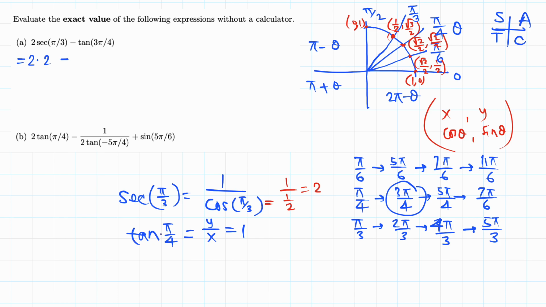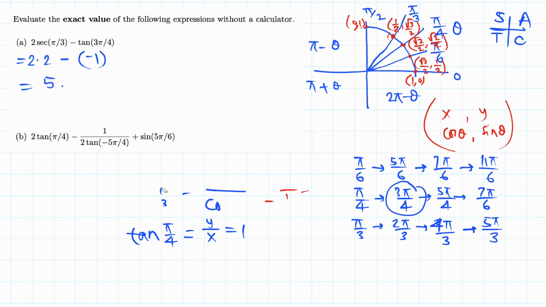We know that tangent pi over 4 is 1, but that's in the first quadrant. 3 pi over 4 is in the second quadrant, and in the second quadrant, only sine is positive, tangent is negative. So it's 1, but in the second quadrant, negative 1. So minus and negative means plus, so this is 4 plus 1, 5.